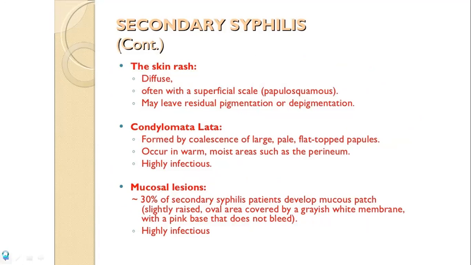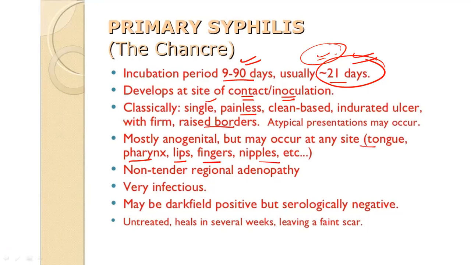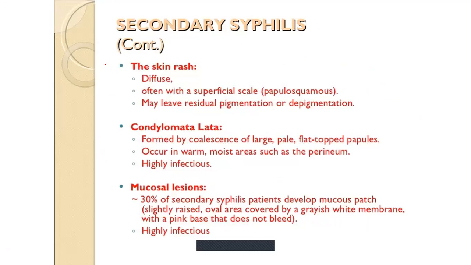I would like to move on from primary syphilis. The chancres, when they do not get any treatment from the doctor, may change after 6 weeks into secondary syphilis. So there are various things in secondary syphilis. Just remember, in primary syphilis chancres are there.